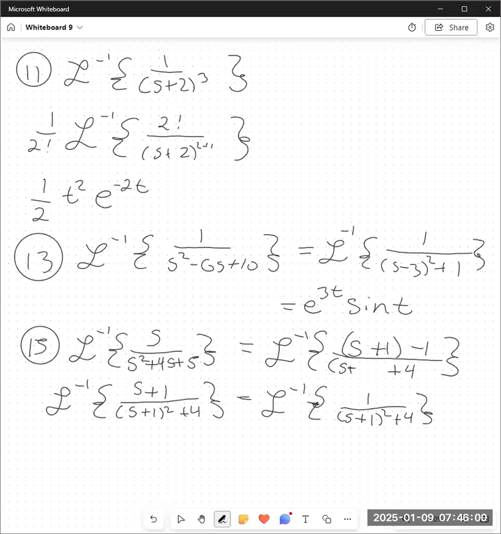I still could have done the problem the way that I was doing it, but this is 2 squared and then plus 1. So 2 and minus 2 makes this fit perfectly.